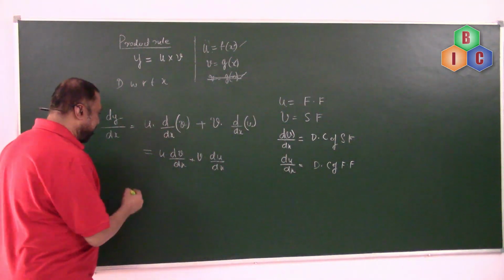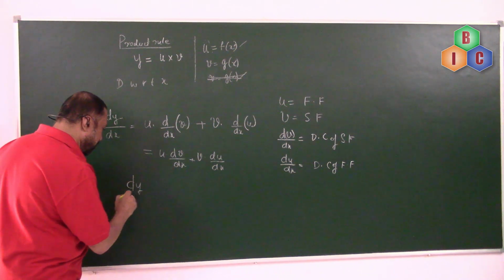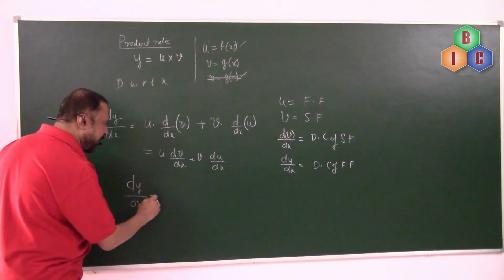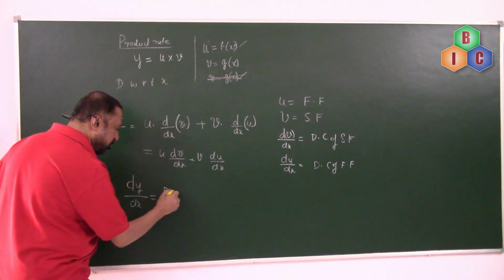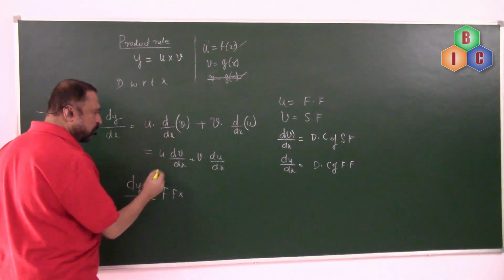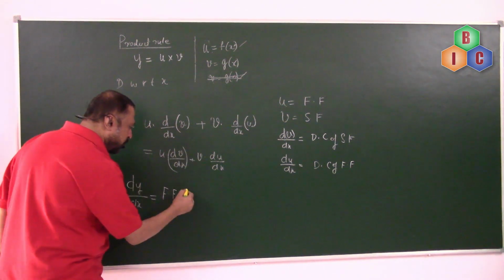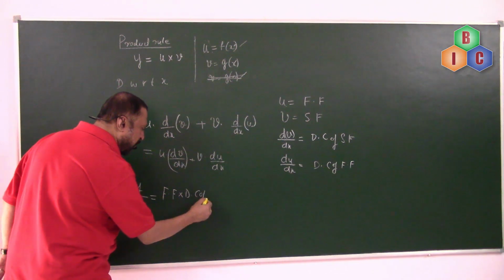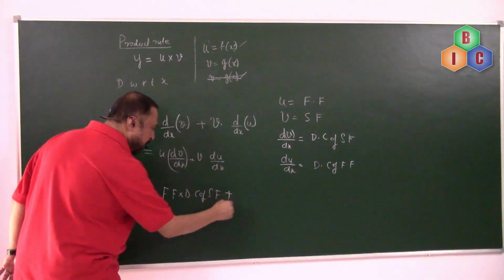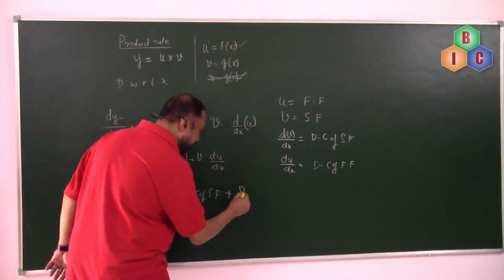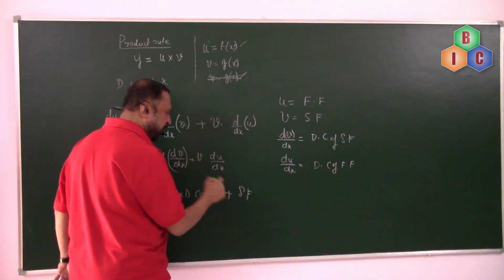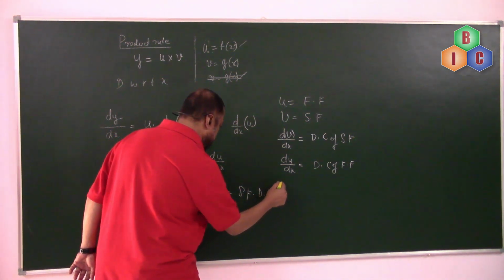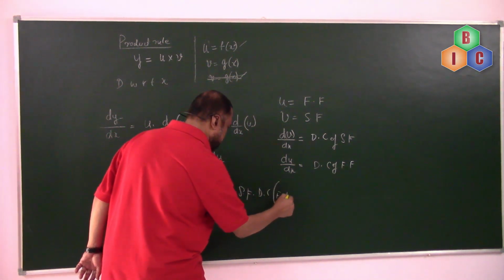So if you put it in that way, now how do you remember product rule? dy by dx is first function into the differential coefficient of second function plus second function into the differential coefficient of first function.